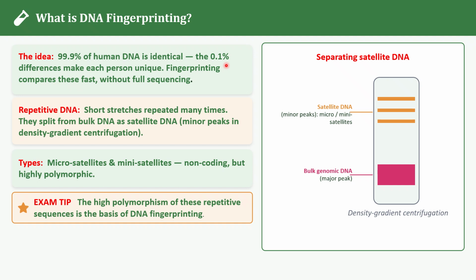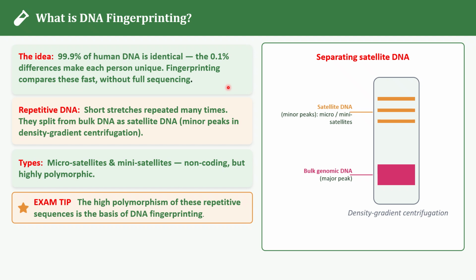Now, sequencing the entire DNA of two individuals every time we want to find their genetic differences would be a very difficult, time consuming and expensive process. So, to answer this, DNA fingerprinting provides a quick method to compare the DNA of two individuals.